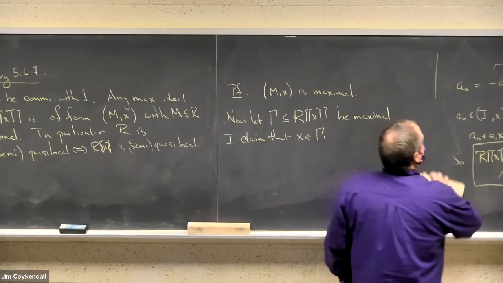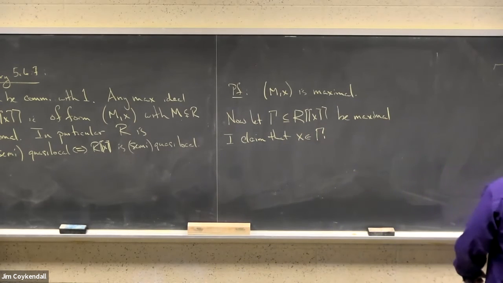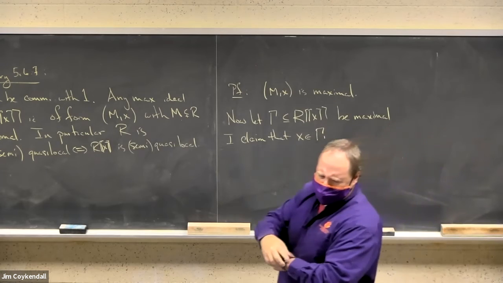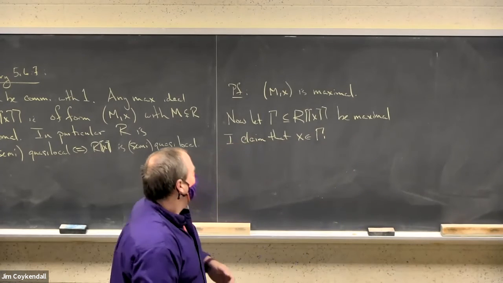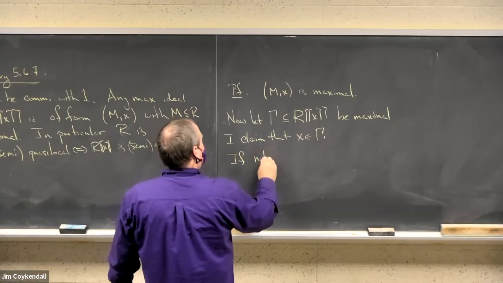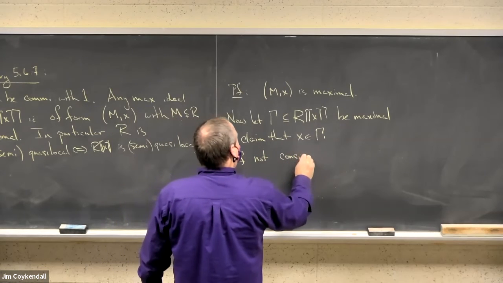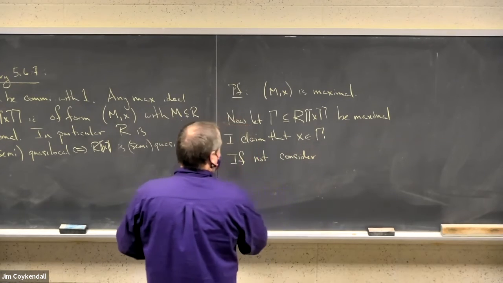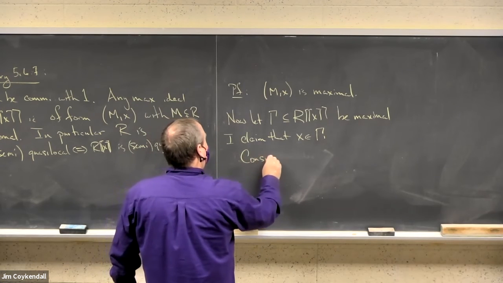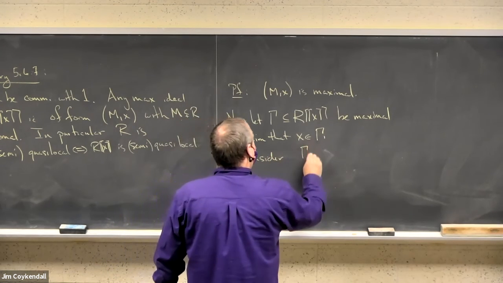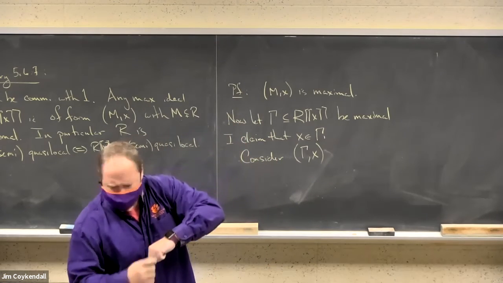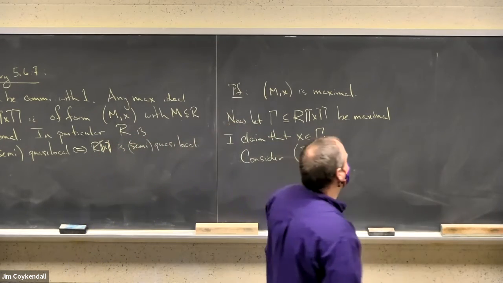This is not necessarily true for polynomials, and this is where there's a big difference. Why is it the case that x is in gamma? Well, if not, consider the ideal generated by x. Consider that ideal.